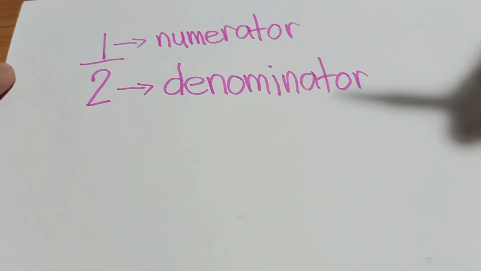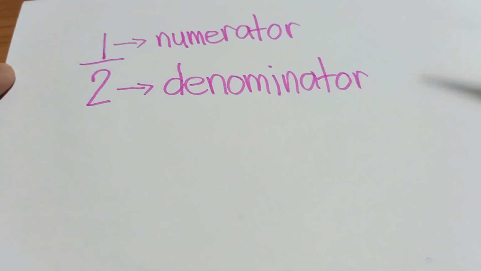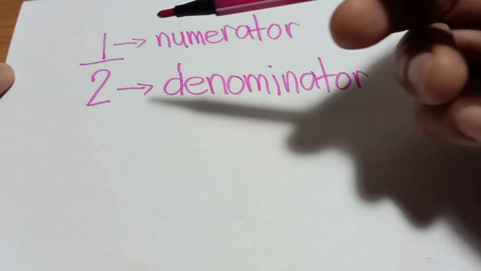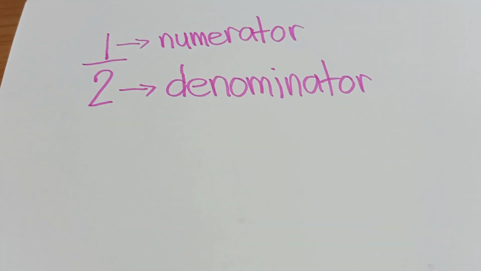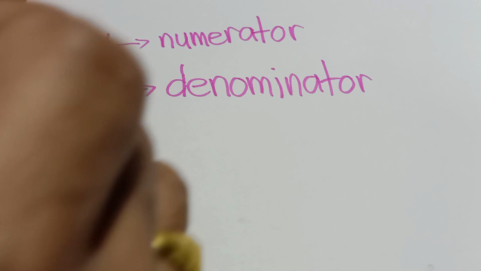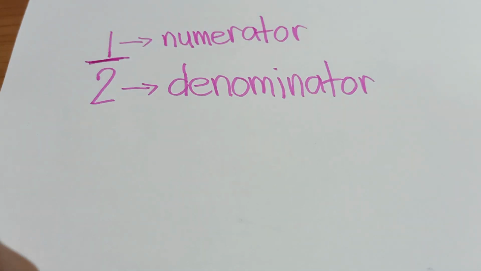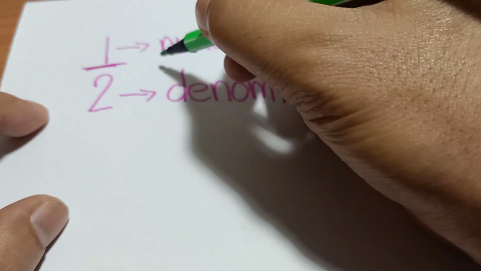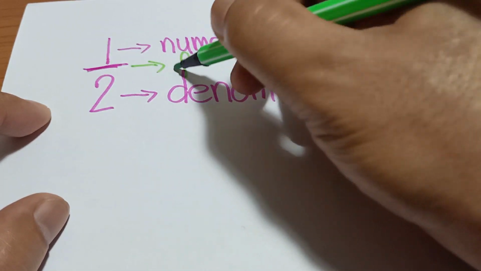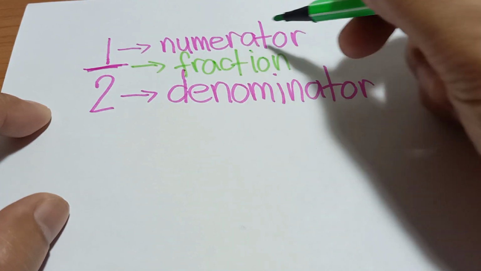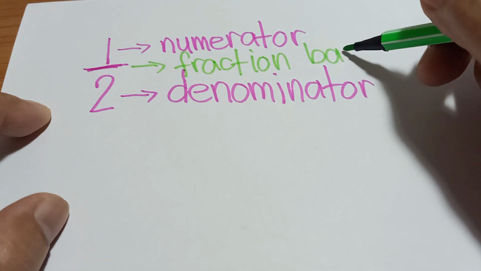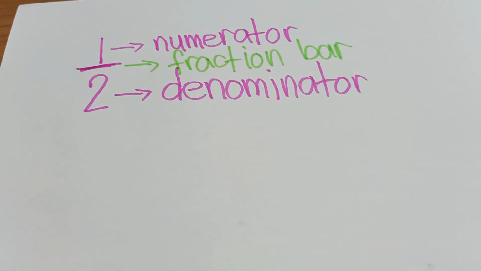So the number on top of the bar is called the numerator, and the number below the bar is called the denominator. How about this bar? This is also known as the fraction bar. So those are the 3 parts of the fraction.